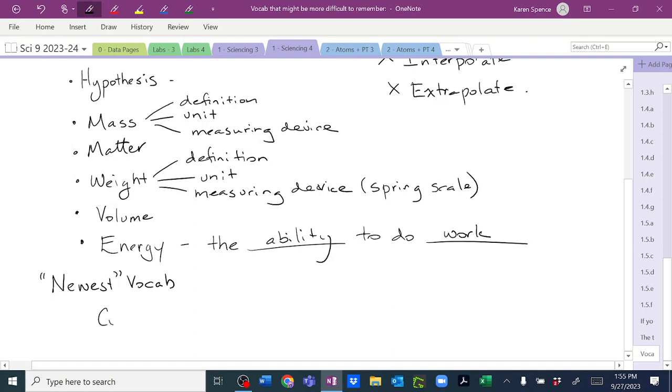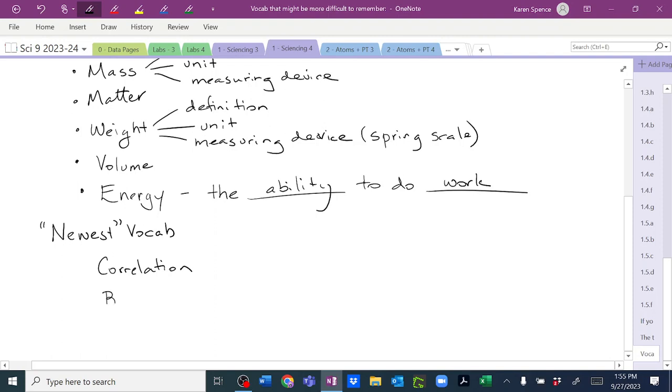Correlation. Yes. Best fit trend line. Yes. Scatterplot. Yes.